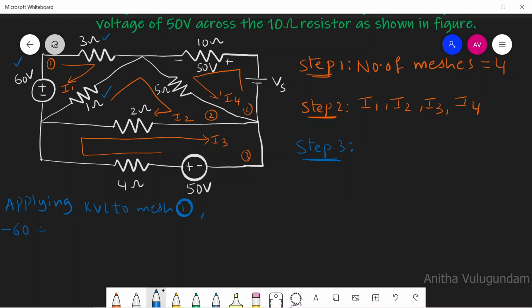Minus 60 plus 3I1 plus 1 into (I1 minus I2) equal to 0. By rewriting this equation, 4I1 minus I2 equal to 60. Let this be equation number 1.